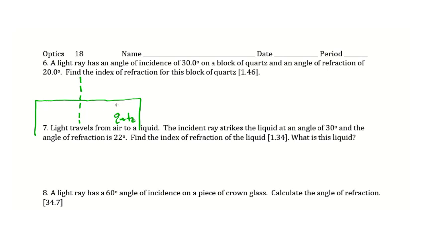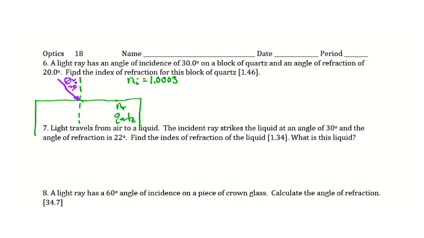And we're trying to figure out what the refractive index for the quartz is. We're incident on it, which means we'll be starting in air. And let's go ahead and sketch what's happening. So we come in at 30 degrees. Our incident angle is 30 degrees.